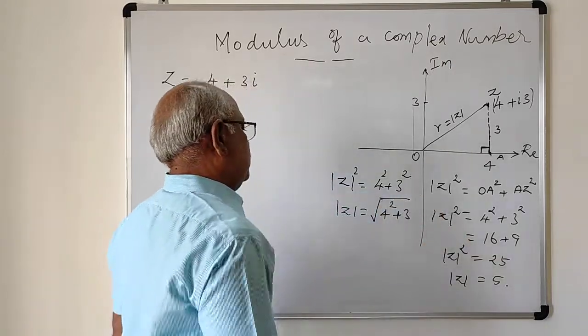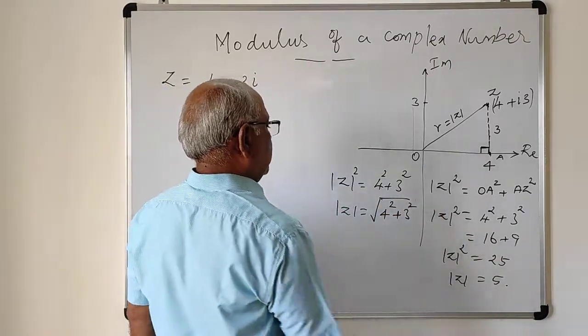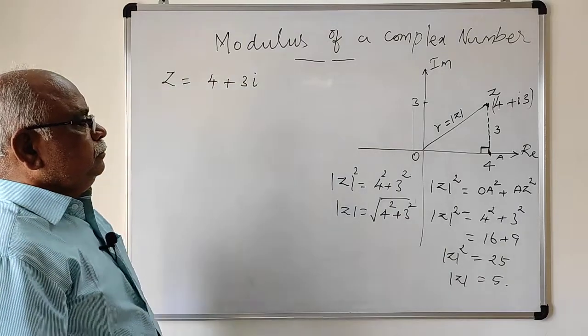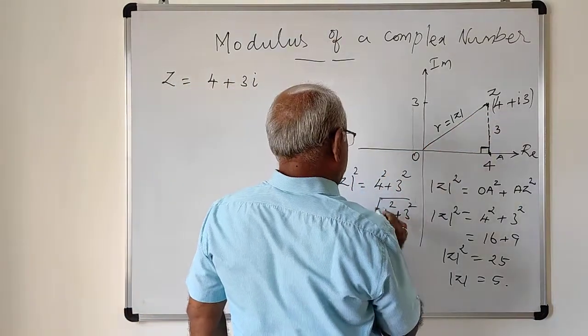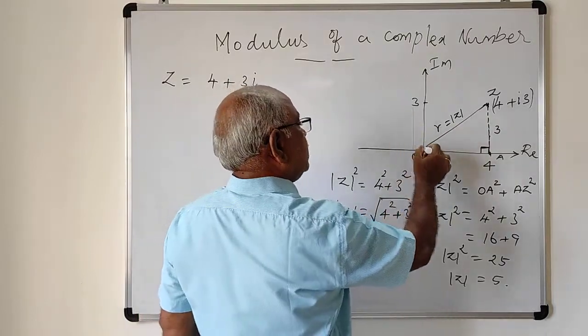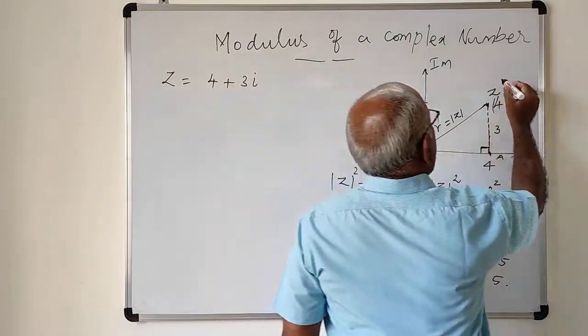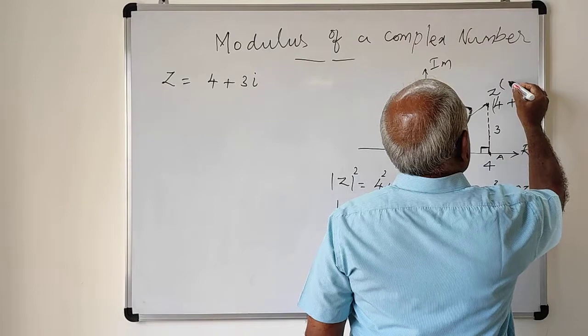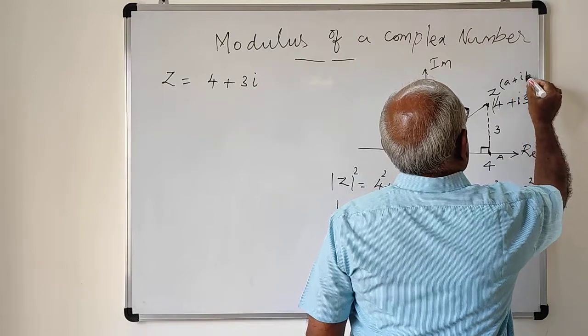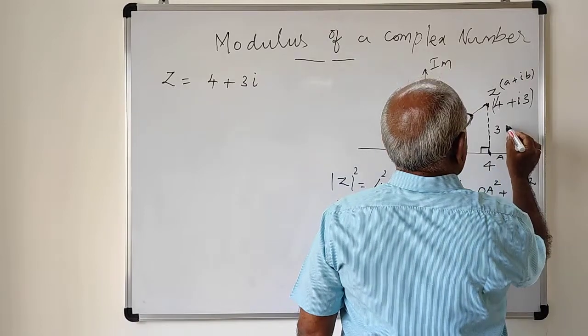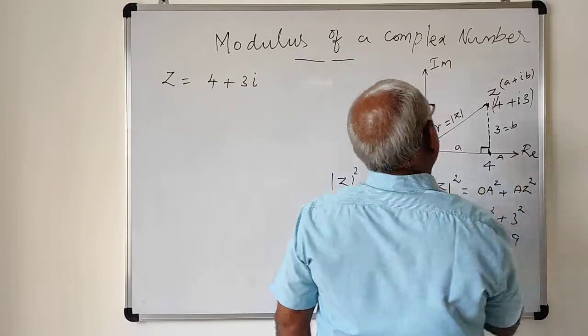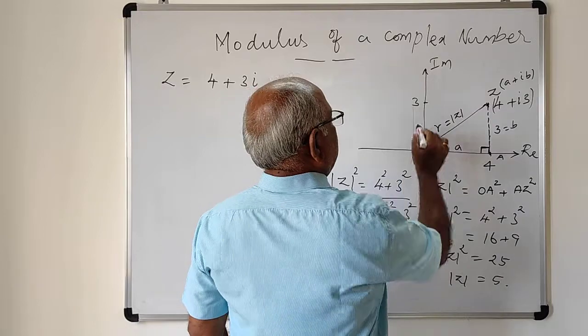Suppose Z is a complex number a plus ib. Real part is a, imaginary part is b.